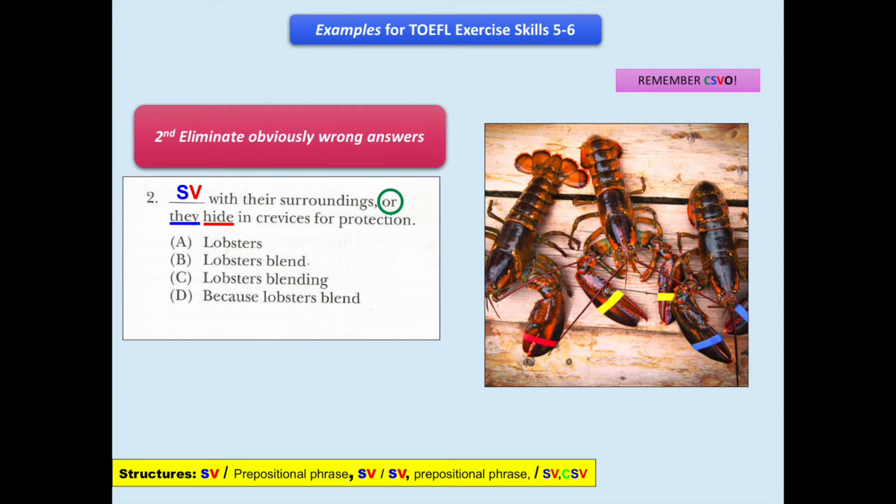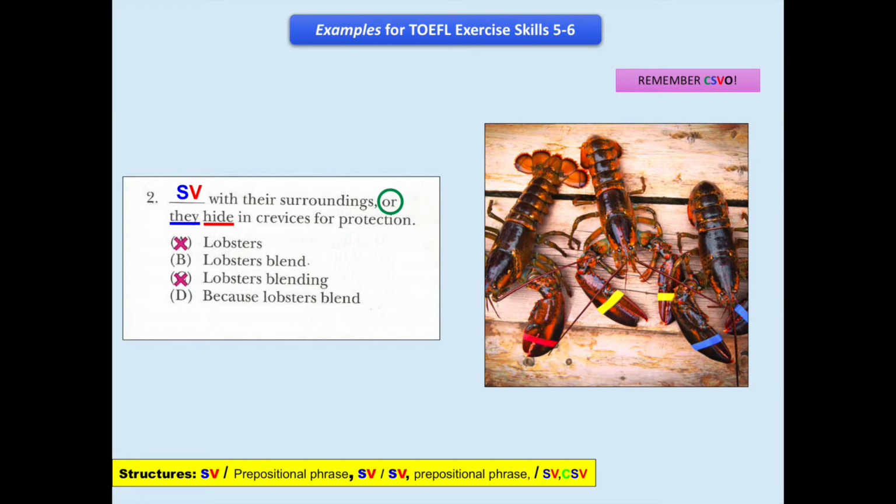We know what is missing, so now we need to eliminate the obviously wrong answers. Both apple and cat do not have a verb. Look, cat has a present participle, but there is no be verb in front of the present participle, so it is not a verb.